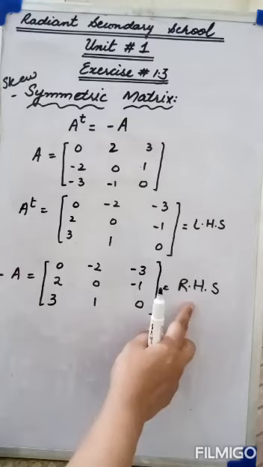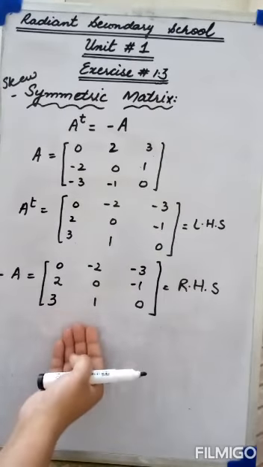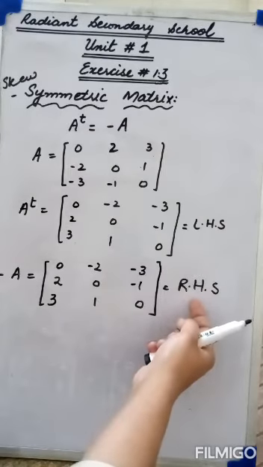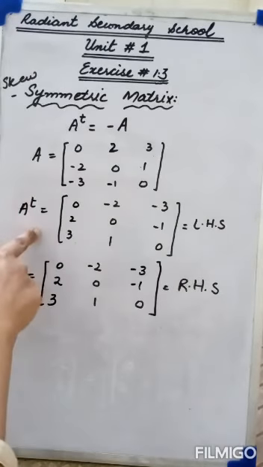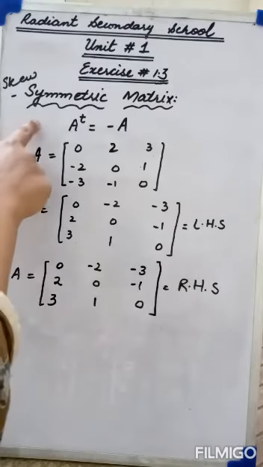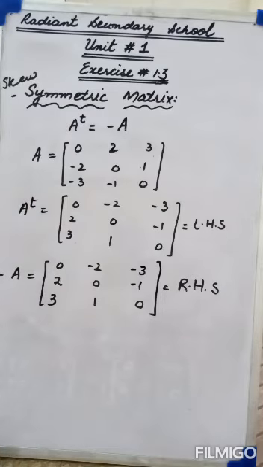Now this is the right hand side. You can say the matrix A is skew symmetric. Why? Because the left hand side is equal to the right hand side. Clear? We have taken A transpose and then the negative of A, and both are equal. Then the condition for skew symmetric is satisfied. Now we can say that this matrix A is skew symmetric.